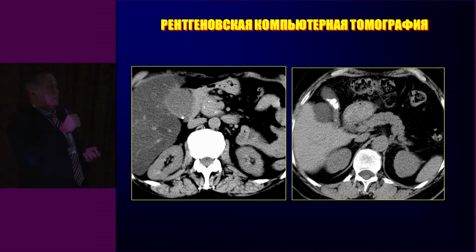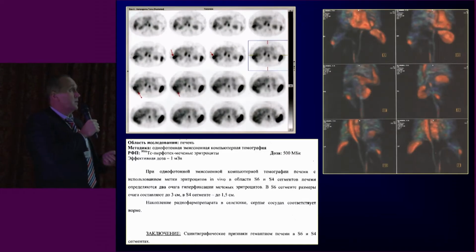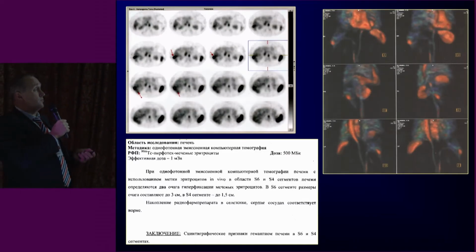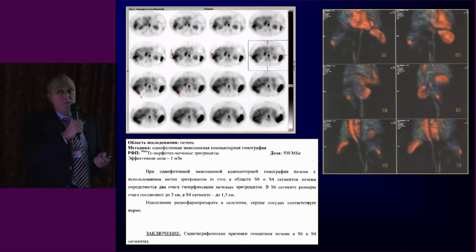CT scan. You see, as to the quality, it's not the latest tomograph machine, but it makes it possible for you to see the gallbladder, liver, pancreas, to see contrasting stones. So this method could be used, and it really provides you with considerable information.